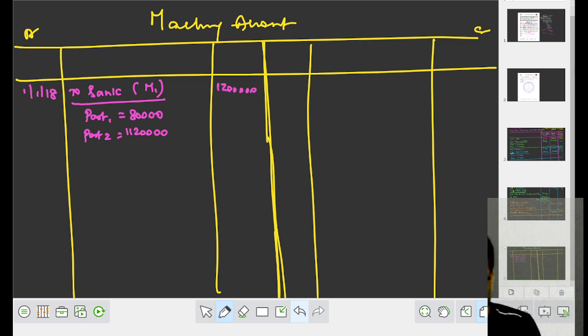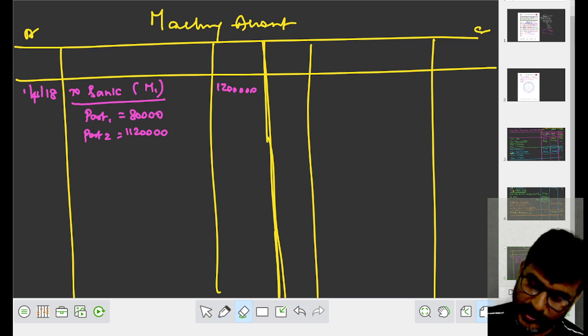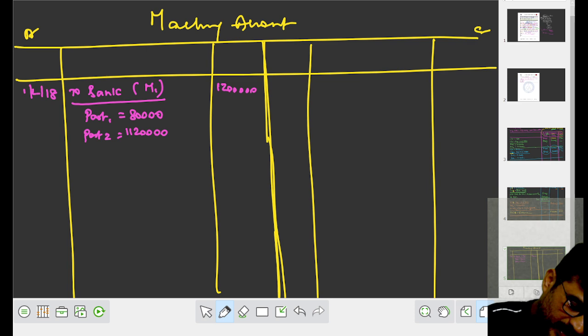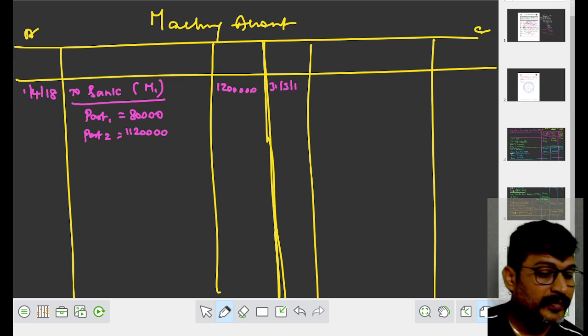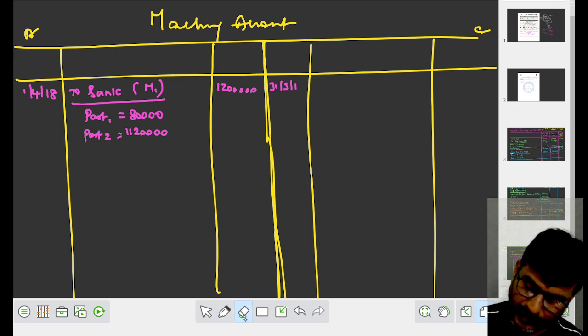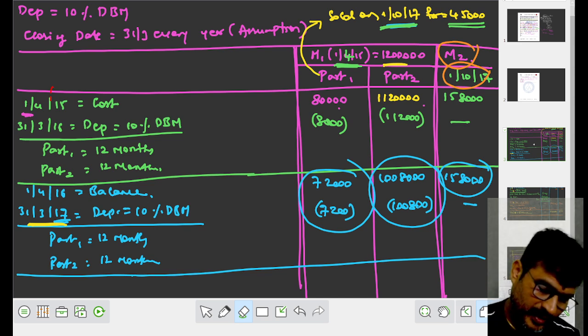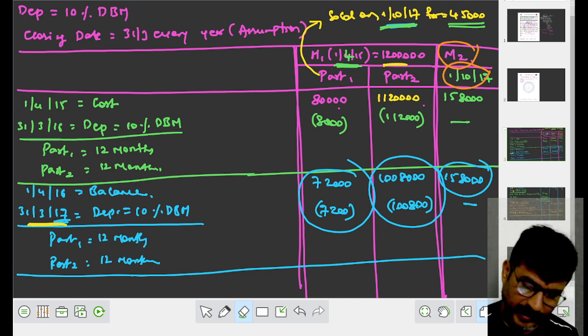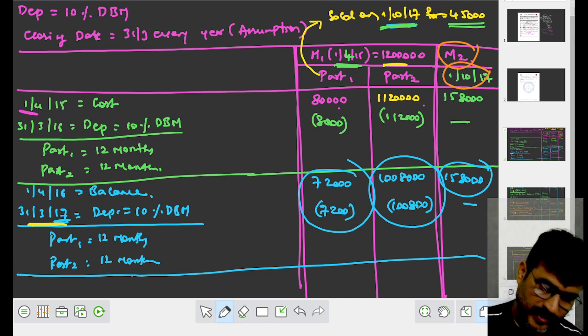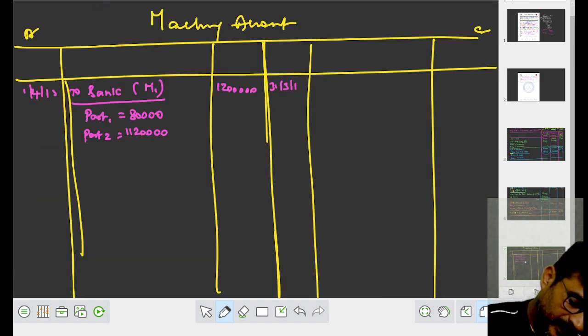This machine was purchased on 1st April 15, right? Sorry, my dear children, I am committing some mistakes in the date column. When it is purchased? 1st April 15.